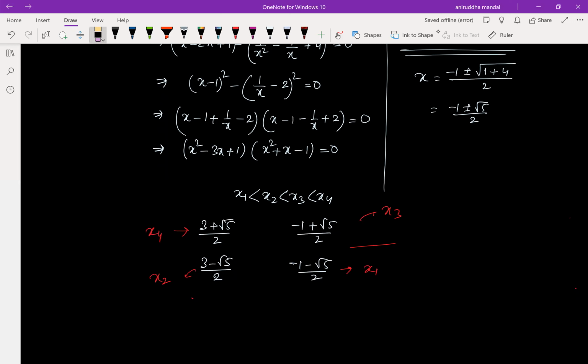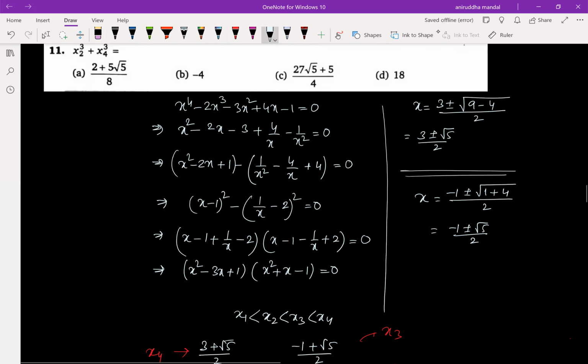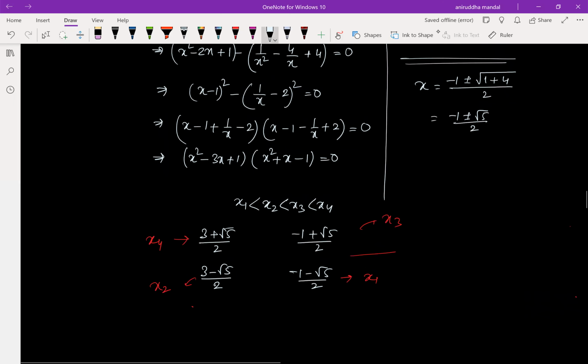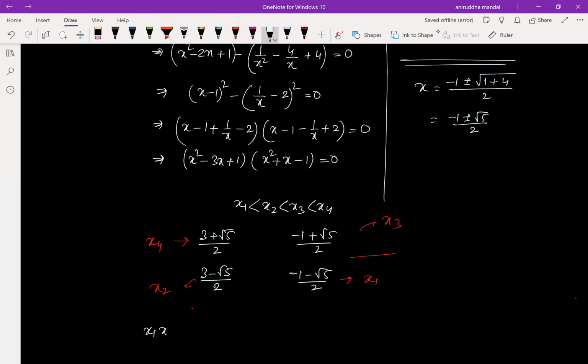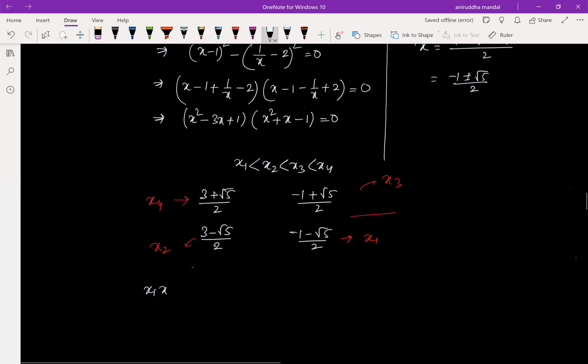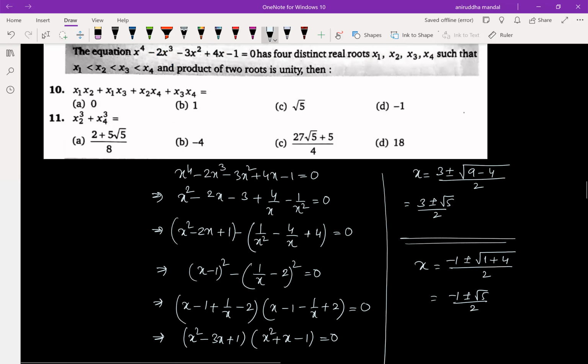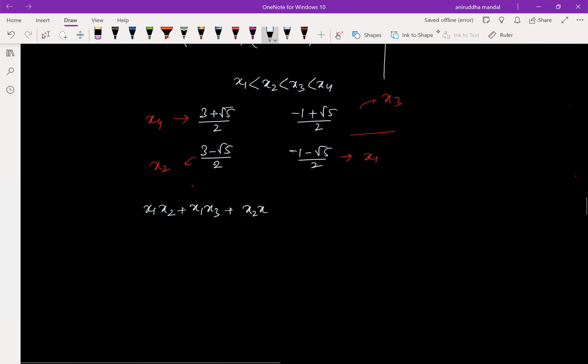So these are x1, x2, x3 and x4. What we have to find is x1 x2, x1 x3, x2 x4 and x3 x4.